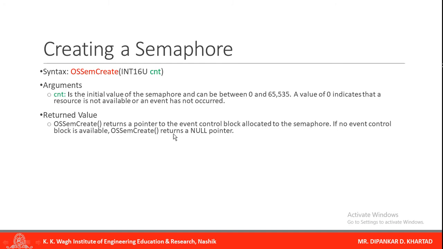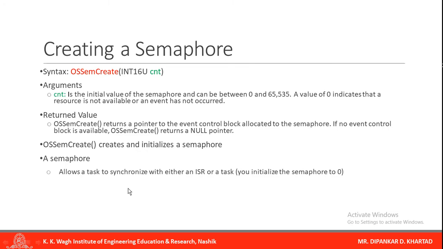Null pointer. Whenever it creates the semaphore, it will allocate an event control block. So if there is no semaphore, then it will return a null pointer. OSM create creates and initializes a semaphore.